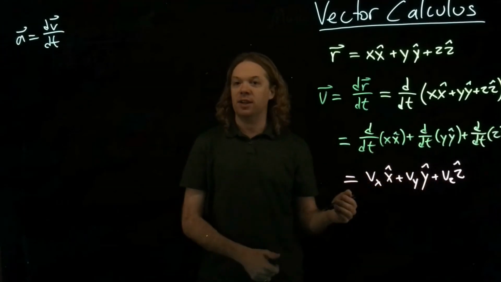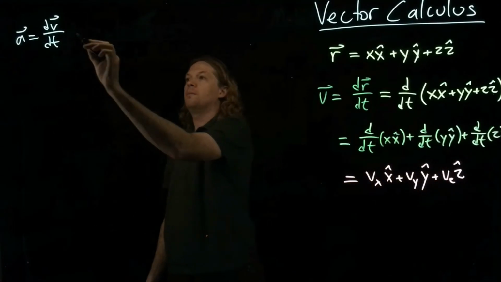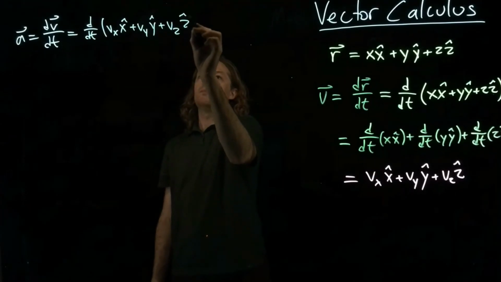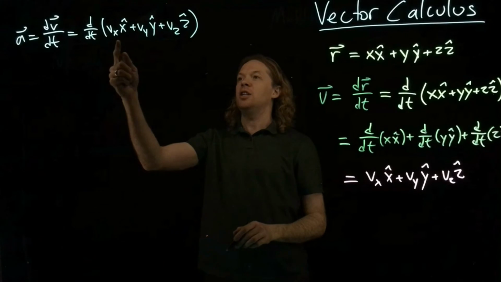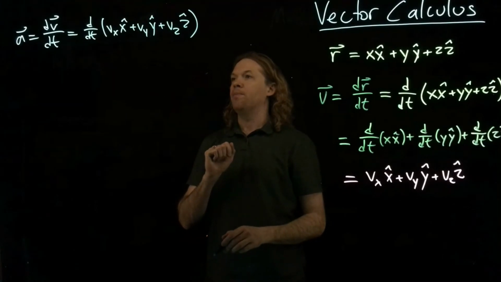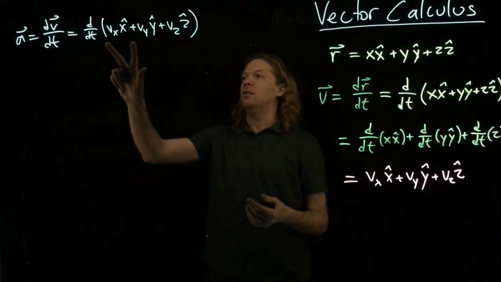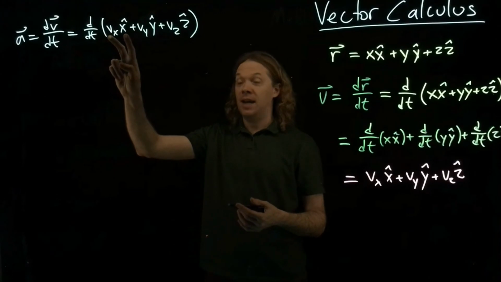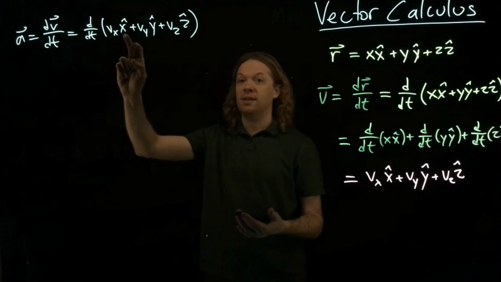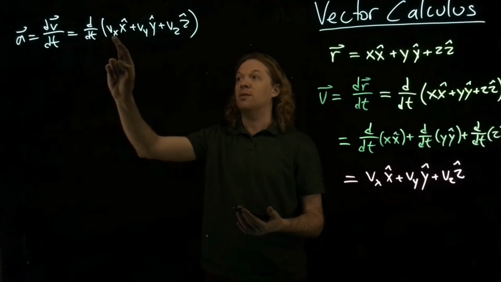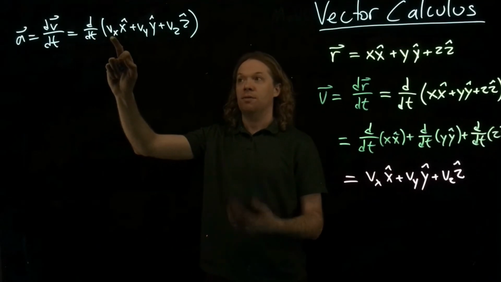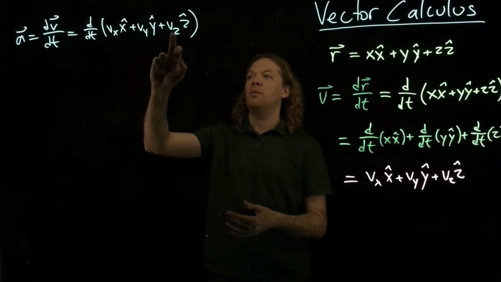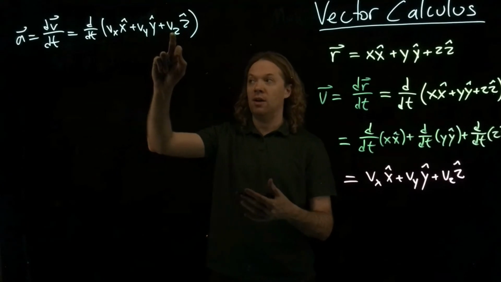I have the velocity vector right there, so I'm just going to put that right into there, like that. And now I can just hit each one of these terms with the derivative with respect to t. I shouldn't have to go through this again. The derivative hits this guy separately from this guy, separately from this guy, and since x hat is still constant in time, the derivative of x hat is 0. So this term, you just get the derivative with respect to time of the x component of velocity in the first position, the derivative with respect to time of the y component of velocity there, and the derivative with respect to time of the z component of velocity there.